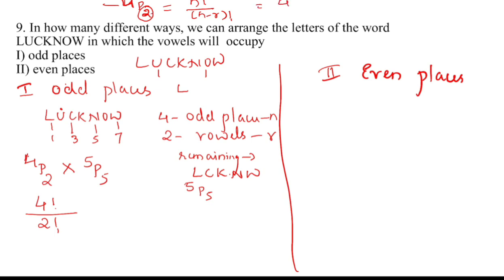That is, this can be written as 4 into 3 divided by 2 into 1. Extend 4 till only 2 numbers, because here 2 is there, and this 2 factorial will be as it is.